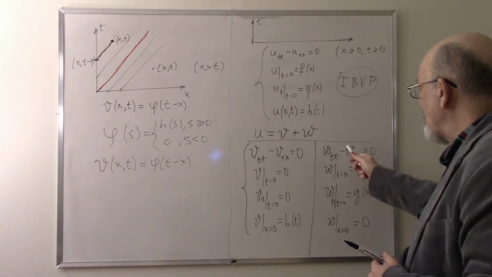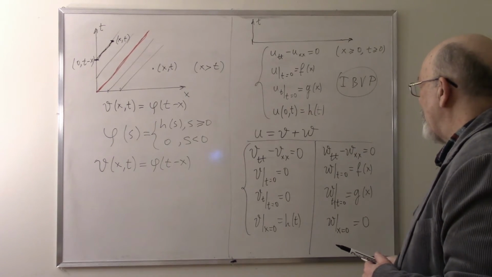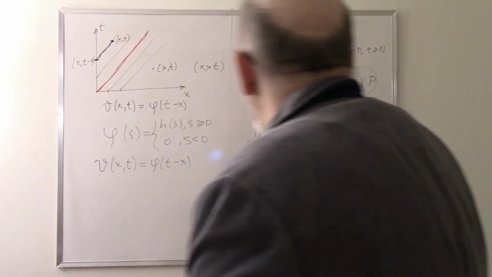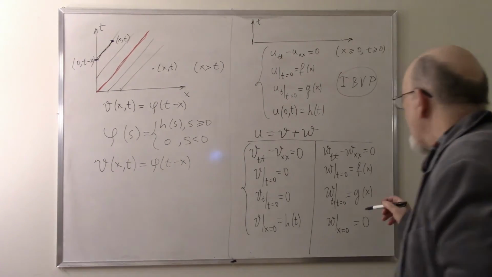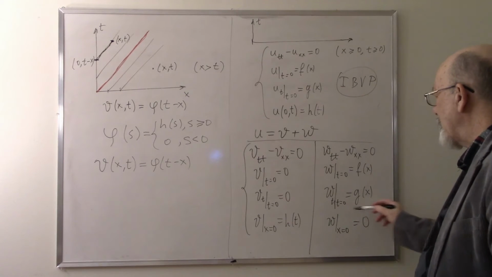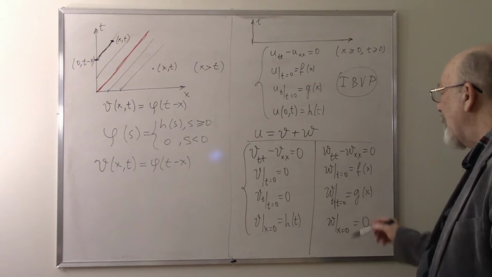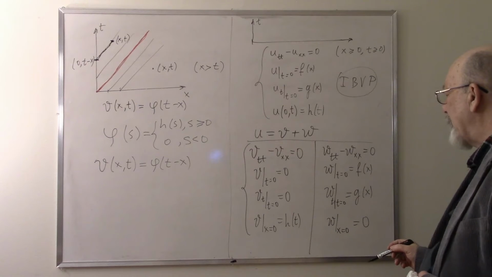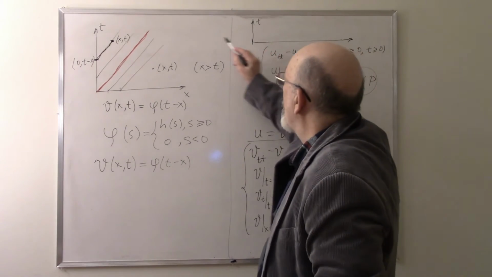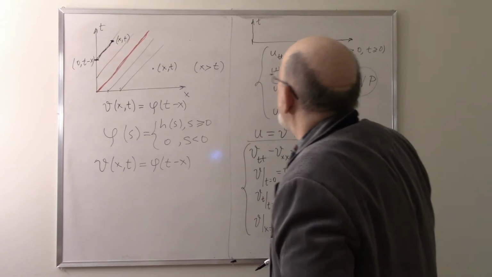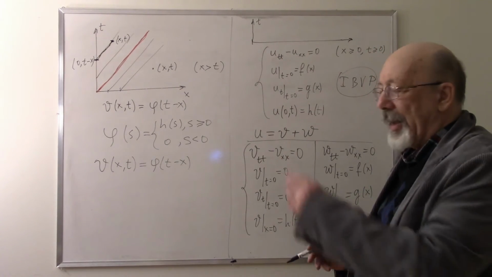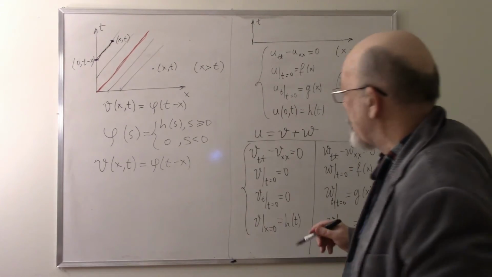Now, what about the equation for w? We know how to do it. If the function satisfies this Dirichlet boundary condition, then the best way is to continue this function to the left, for negative x, as an odd function.